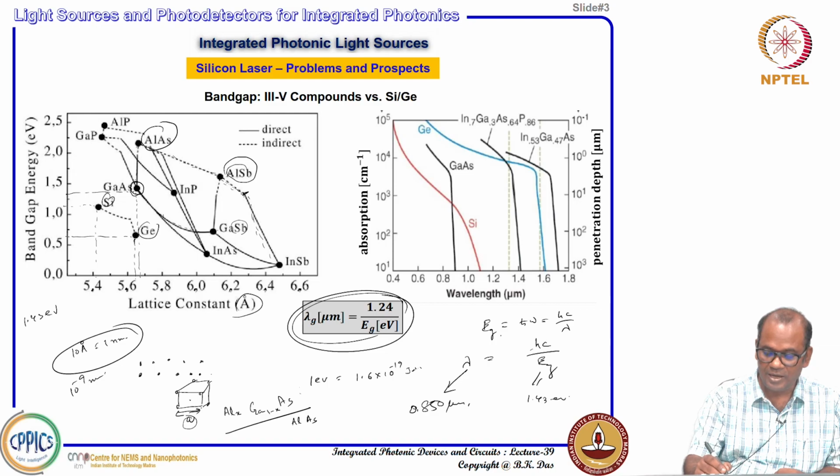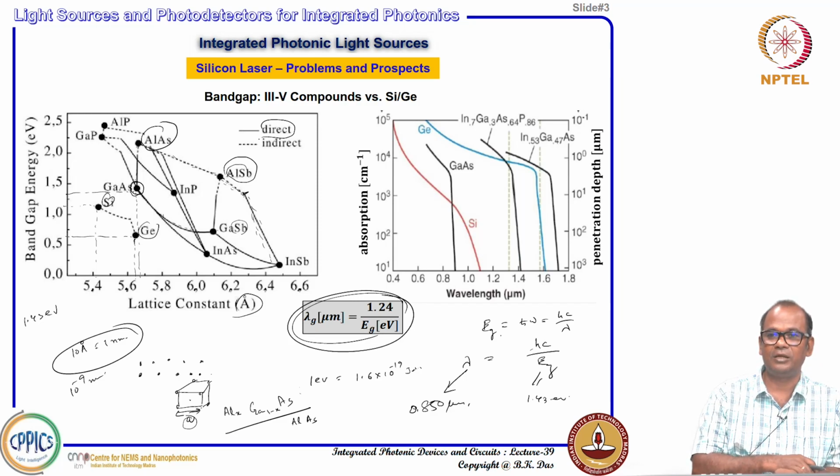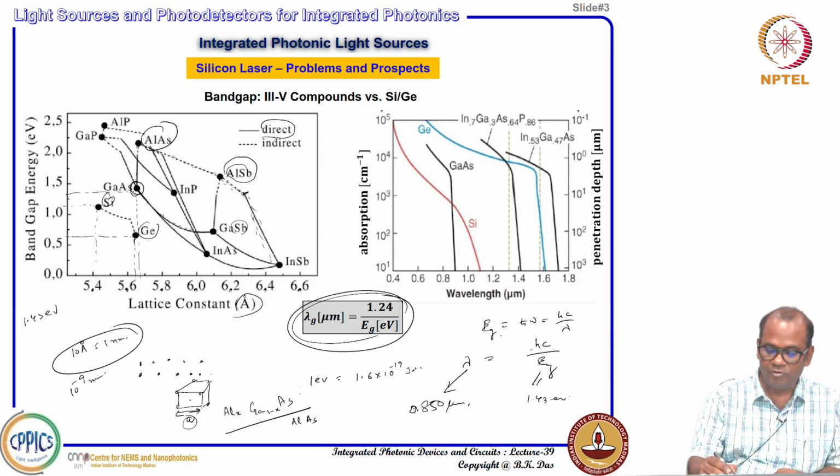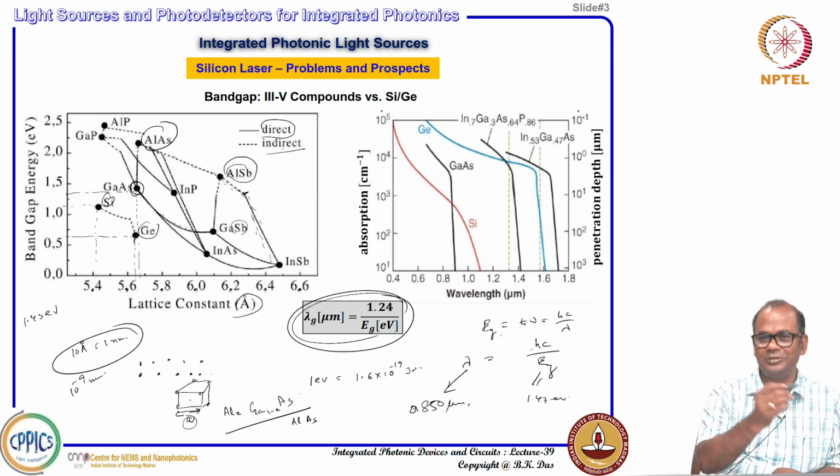So, from here to here, solid line means it is actually direct band gap. The compound you will get is a direct band gap material, and if you change aluminum only a little bit in this region, it will remain an indirect band gap semiconductor. Indirect band gap semiconductors are not good for laser action, so you have to choose a suitable compound so that it becomes a direct band gap semiconductor.